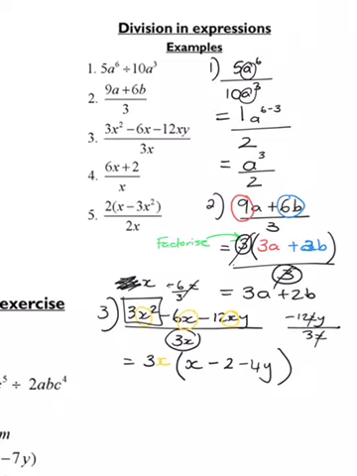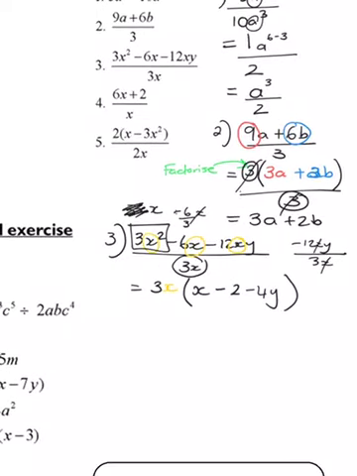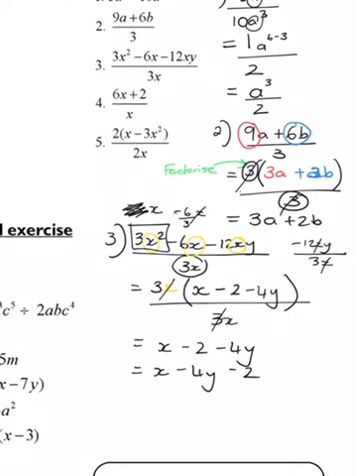So you can make little division fractions on the side. This is still all over 3x, but then they can cancel, and you're left with x minus 2 minus 4y, which is often nicer just to write the letters first and then the numbers.